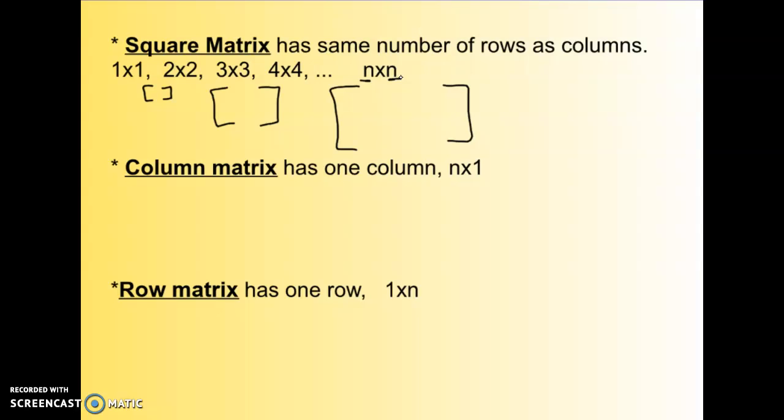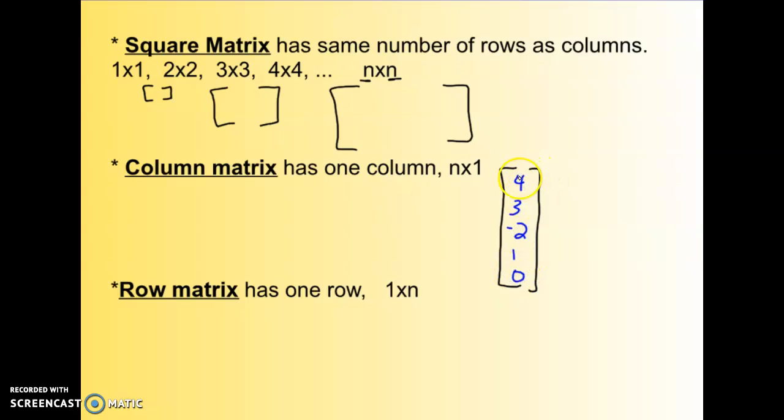A column matrix, that has 1 column, so it's going to look something like this, where there's a bunch of elements in there, n elements, and a bunch of rows, so like 4, 3, -2, 1, 0.